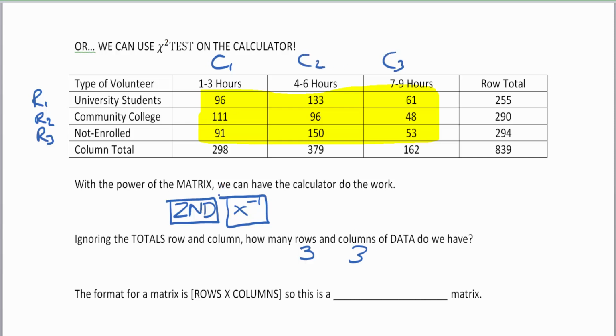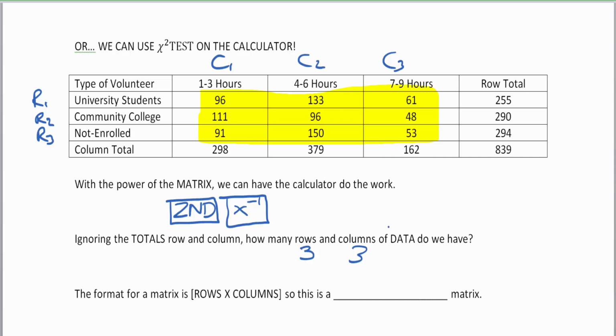If it's not highlighted, it's not part of the data. Now this last row here, or row 4 if you want to look at it that way, is the sum of the data that we collected, which isn't part of our raw data. And then this last column, or column 4, is the sum across, the row sum.